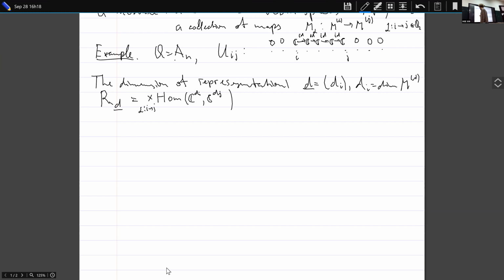U_{i,n} upper a is C for any a, and the maps m from a to a plus 1 are either 0 if a is i, or identity if a is not i. Okay, so this is my module.